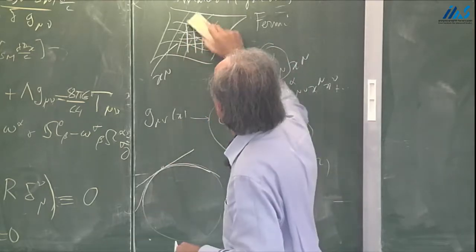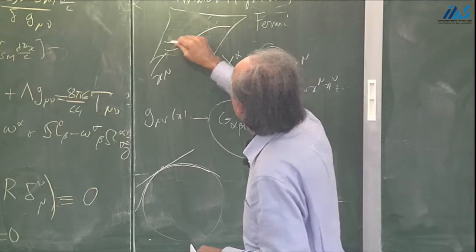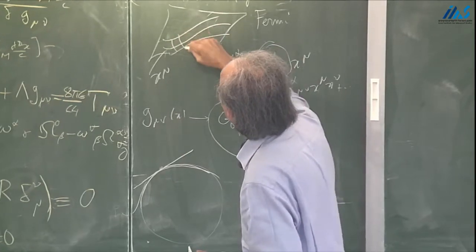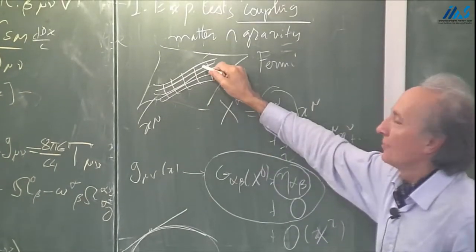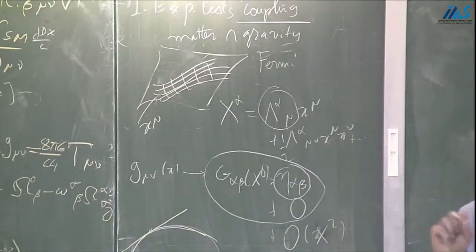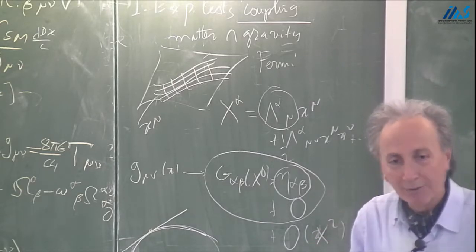So if I'm in a curved spacetime, I take an arbitrary line, then there exists a coordinate system around this line such that all along this line the metric is equal to the Minkowski metric, and the first derivatives of the metric are 0.